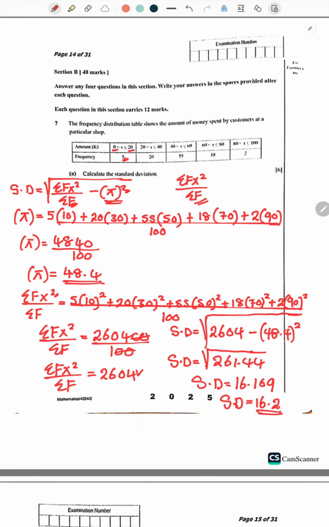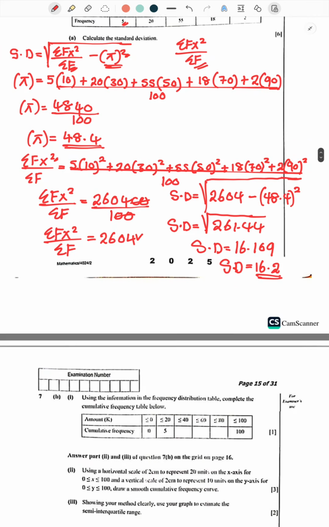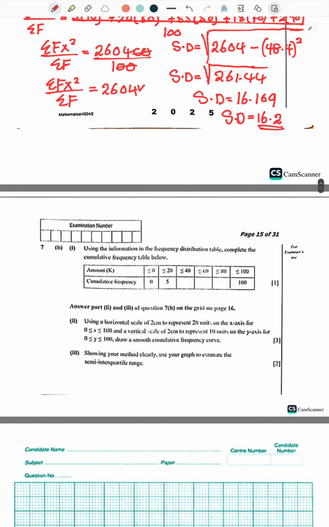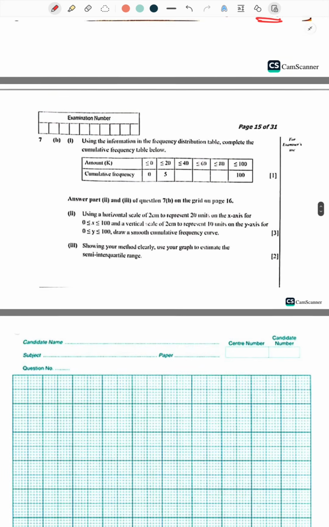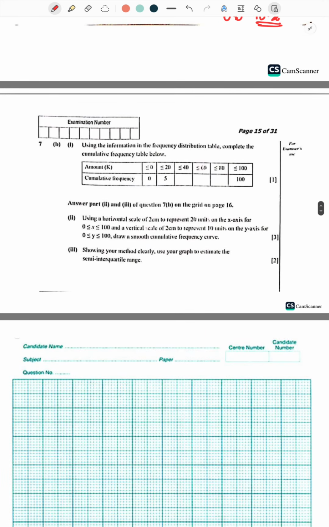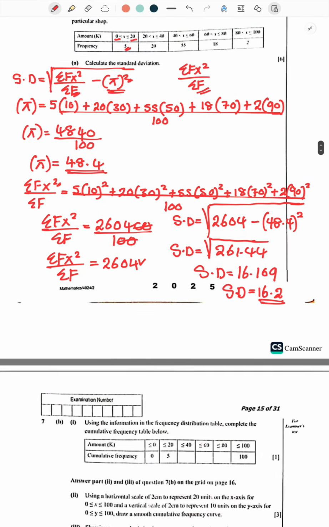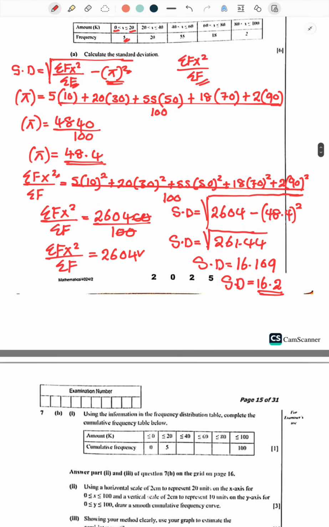Now we go to the next part of the question, which says, using the information in the frequency distribution table, complete the cumulative frequency. How do you complete cumulative frequency? It's actually very simple. You add this 0 to this 5. So 0 plus 5 gives you 5.